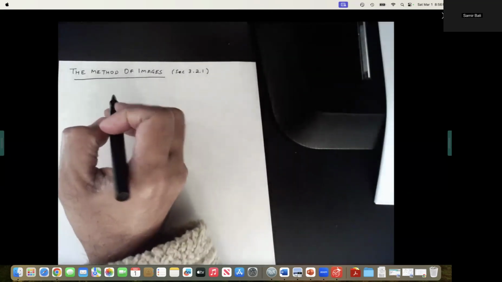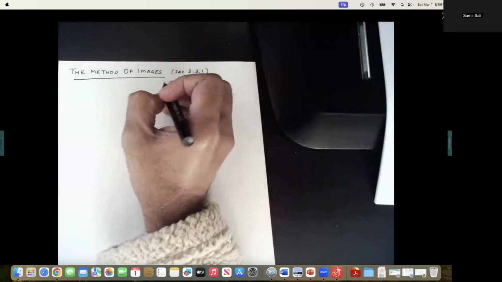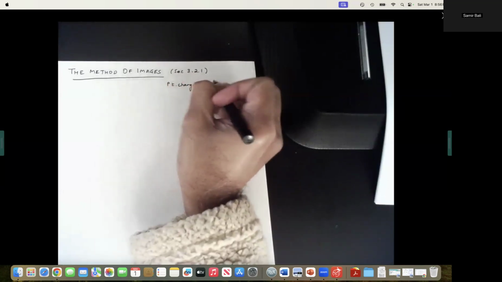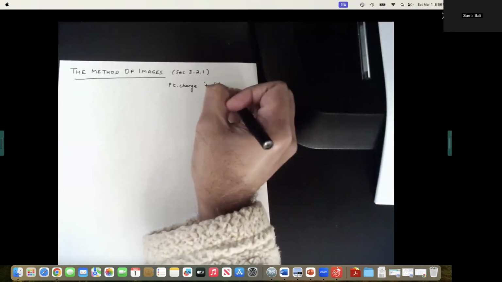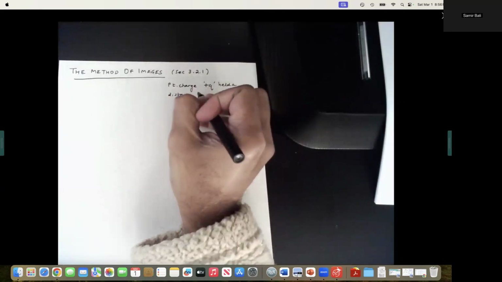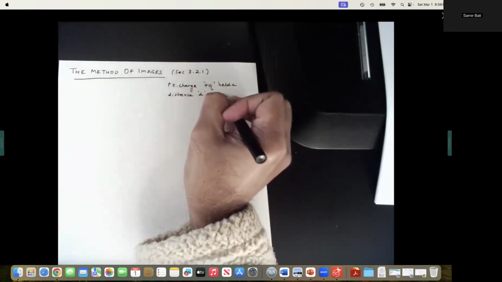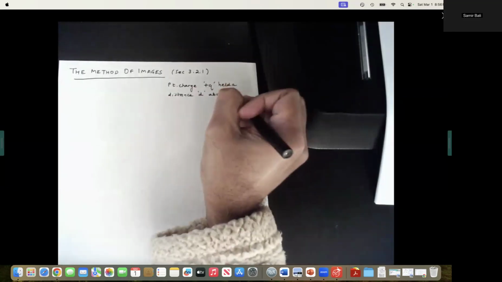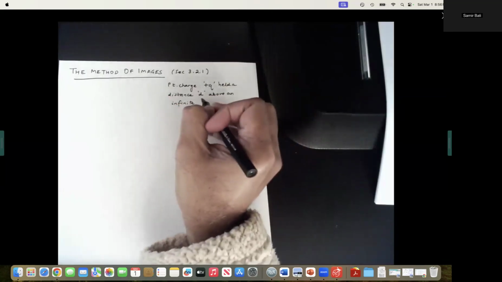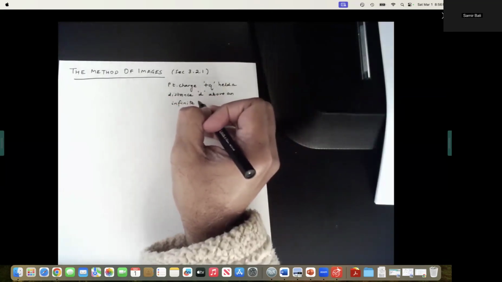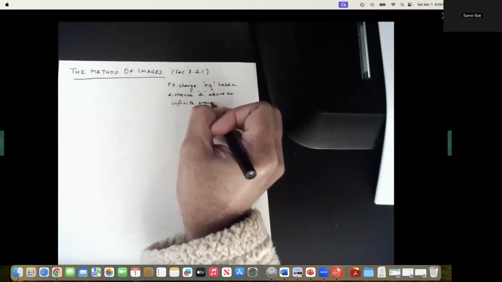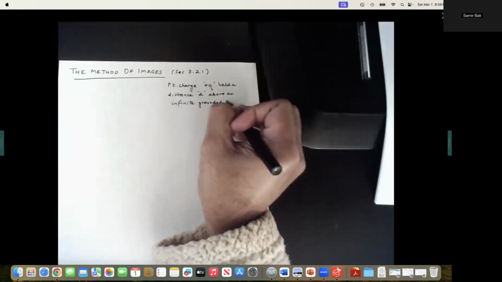All right. And so let's consider the problem of a point charge plus Q, let's say, held a distance d above an infinite, and remember that just means that the distance d is really small compared to the extent of this infinite thing that I'm talking about, infinite grounded conducting plane.